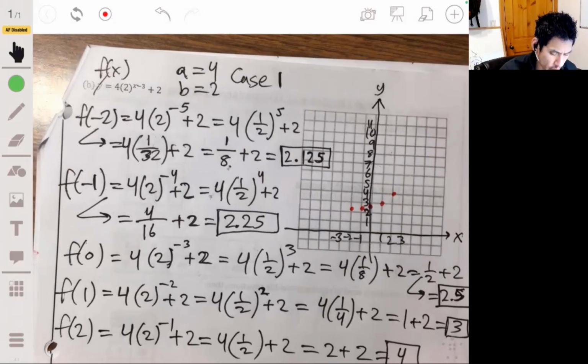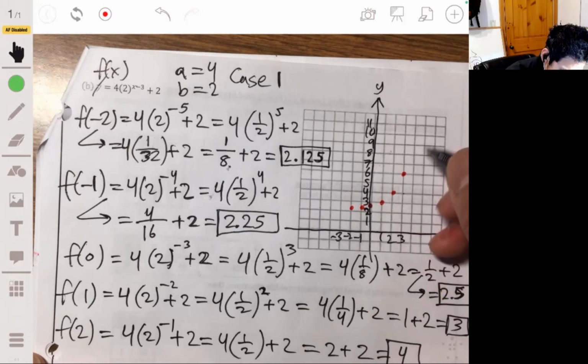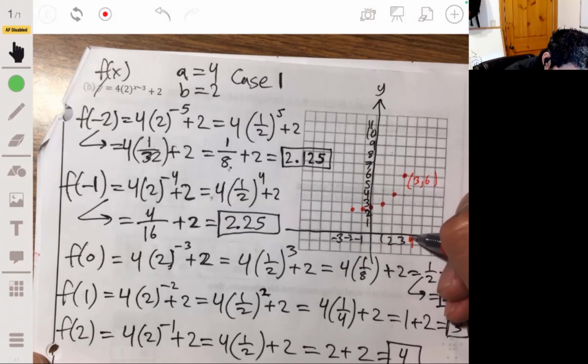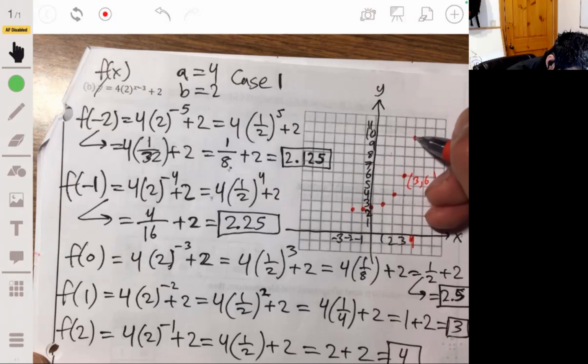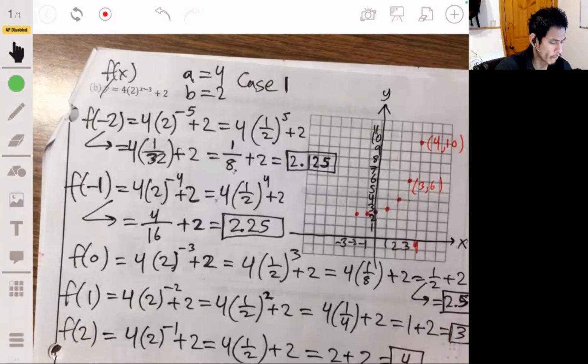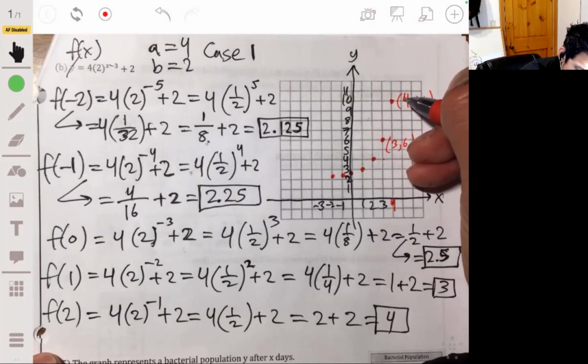Now I'm going to give a giveaway. At 3, you're going to get about number 6. And for 4, you're going to get the number 10. But now let's see if you can guess by looking at this, what would the asymptote be?